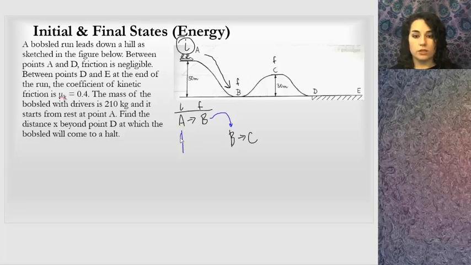Also, typically what's going on at A is pretty simple. They're just sitting there. We just have some 50 meters to take into account. That's easy.